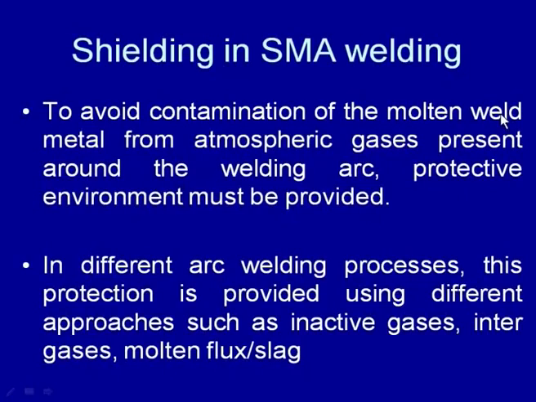To avoid contamination of the molten weld metal from the atmospheric gases around the welding arc, a protective environment must be provided, and different welding processes provide this protection using different approaches. In MIG, metal inert gas welding, and TIG, tungsten inert gas welding, an inert gas atmosphere is provided, while in metal active gas welding, that is GMAW, gas metal arc welding, carbon dioxide is used for shielding instead of inert gases like helium and argon.